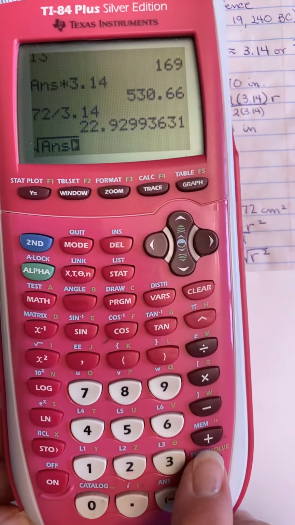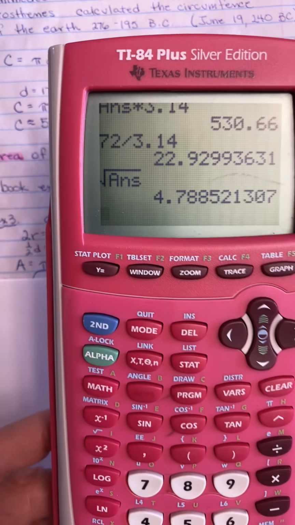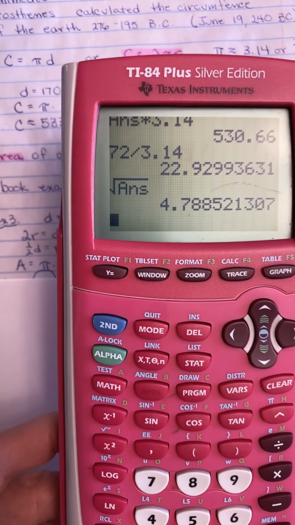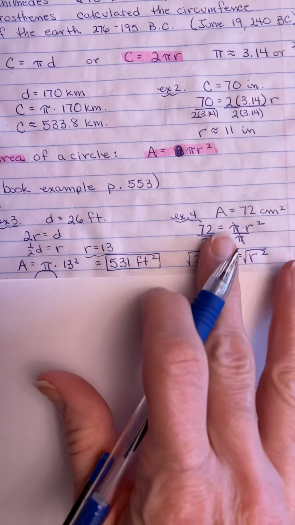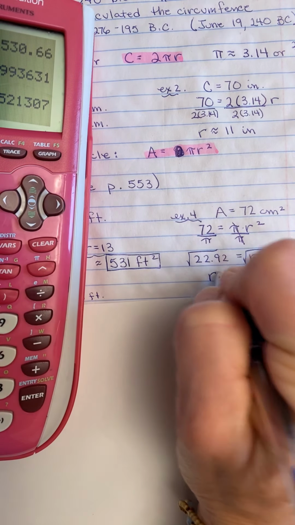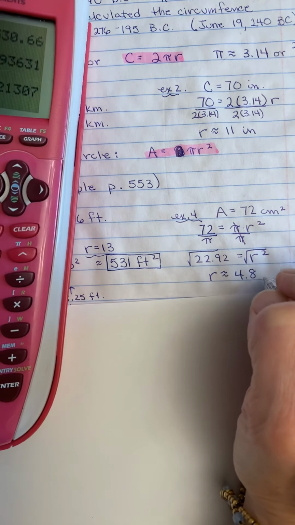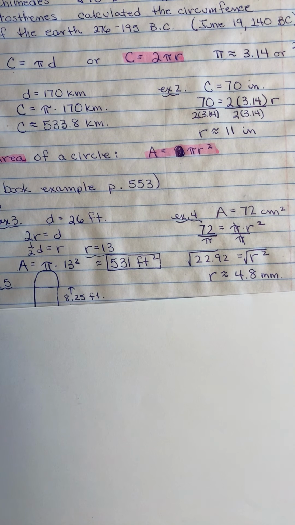I don't have to type it. And then just press equal. And so the radius of this circle is going to be about 4.8 millimeters. If we round that off, we'd get 4.8. So R is approximately equal to 4.8.